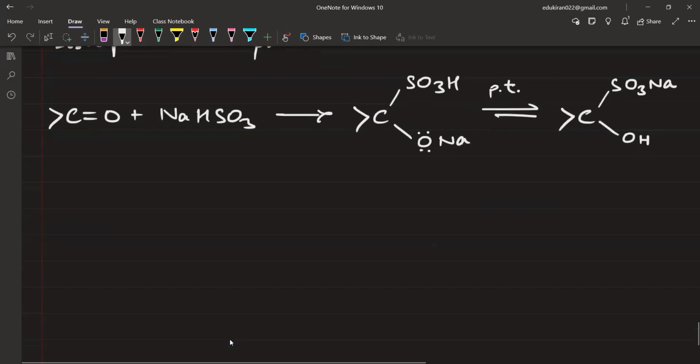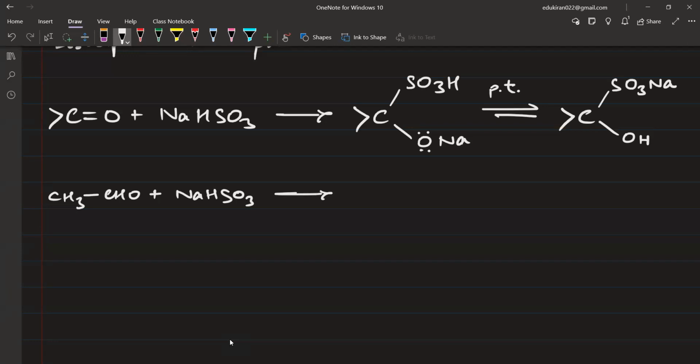So if you have something like this, CH3CHO plus NaHSO3, this is going to give you the carbon atom having a CH3 group and a hydrogen, and here you will have SO3Na, and here you will have OH.